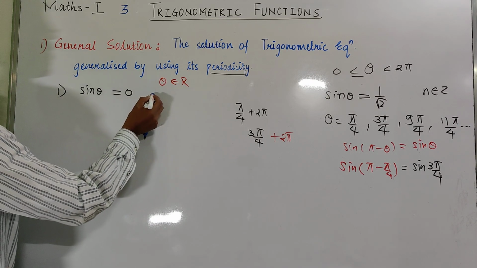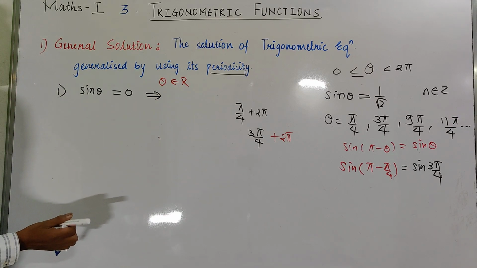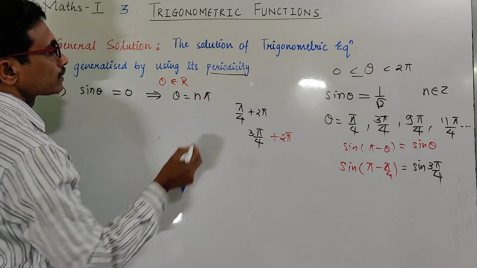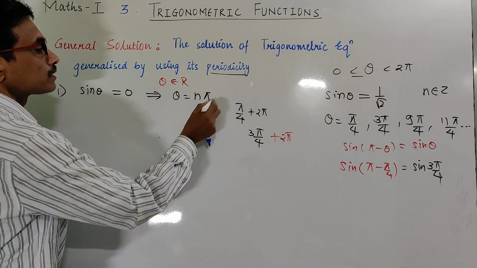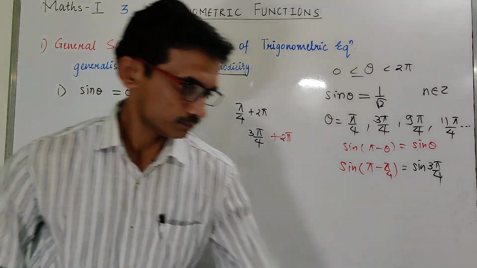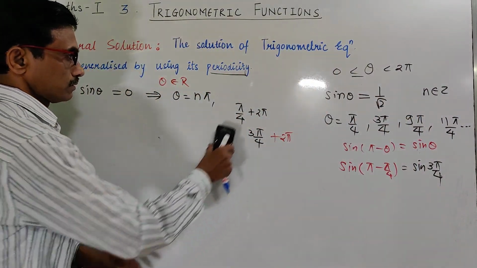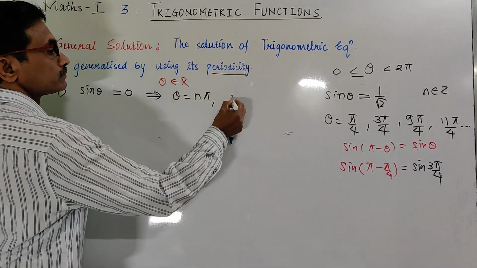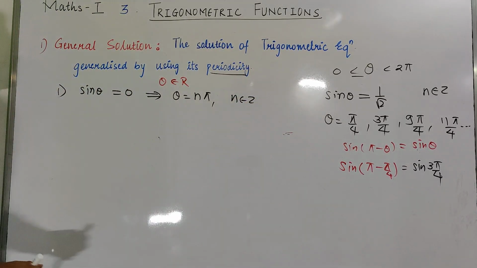So the solution of this trigonometric equation is theta is equal to n pi, where n is an integer, n belongs to Z.